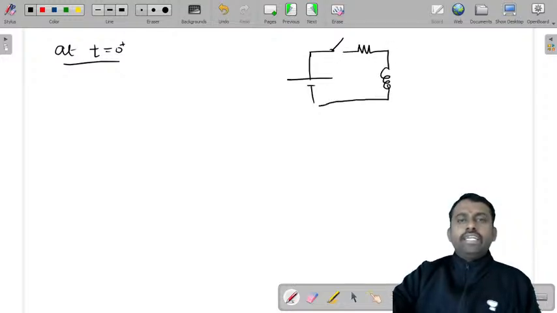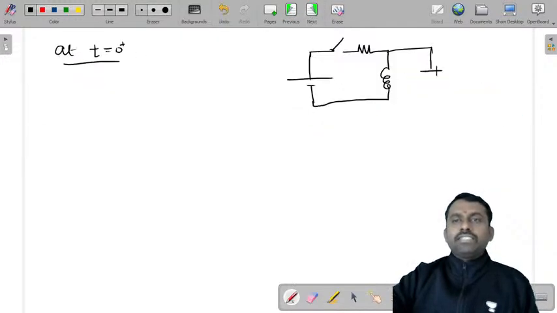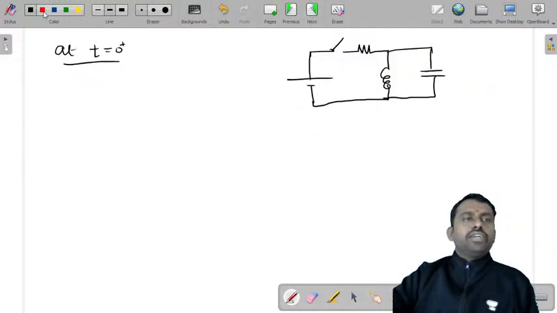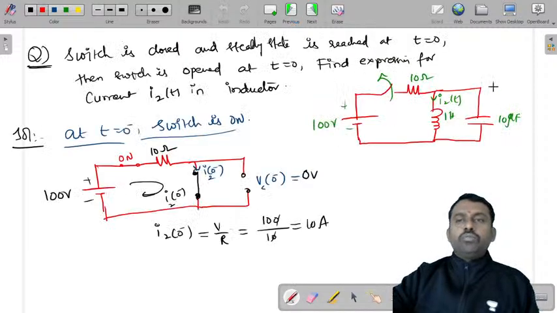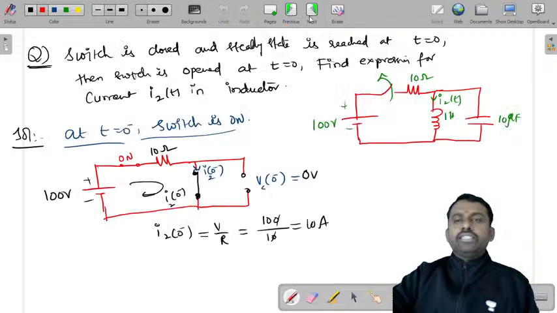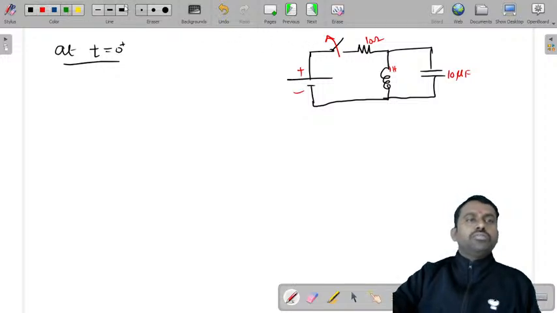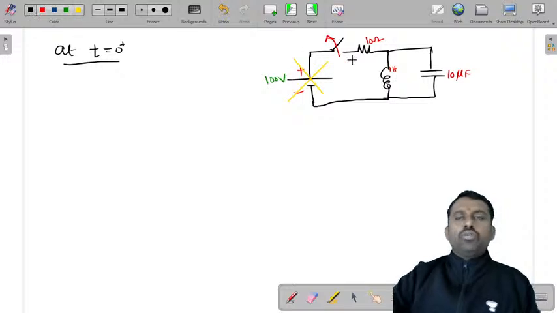What are the values of these? 10, 1, 10 microfarad is given. You need not draw this also because switch is open. This 100 volts will not act now. So you can just eliminate this, because this is open.